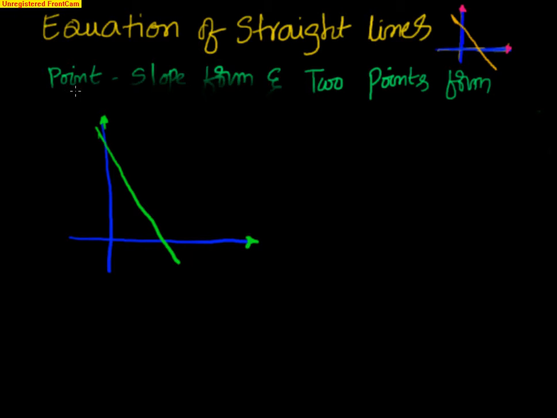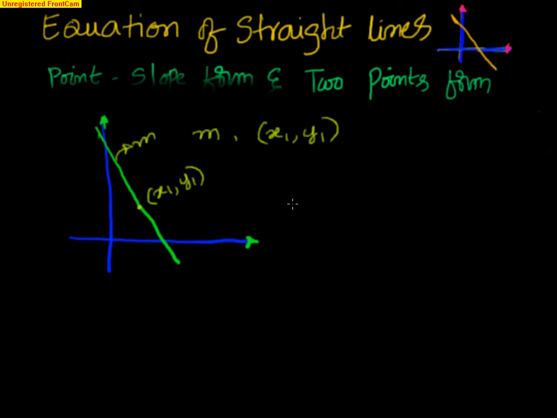Now, as the name suggests, point slope, that means slope m is given to you and also a point, let us say it as x1 comma y1. So I know slope m is known to me, and a point with coordinates x1 comma y1 is given to me, right?